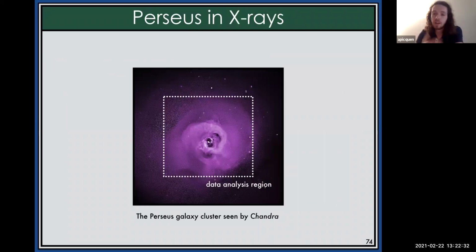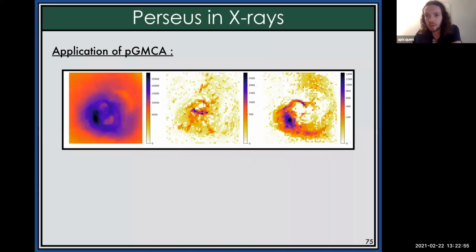Another perspective is trying to study other extended sources, and there was a work that I was supposed to do during an internship at the CFA at the end of my thesis, but because of the COVID, it didn't happen. I was supposed to work with Ralph Kraft on the application of the PGMCA on Perseus. And we can see just by applying the algorithm that we obtain some interesting images.